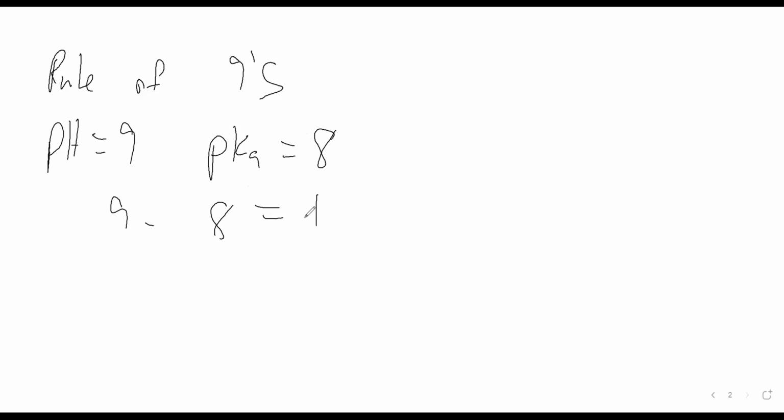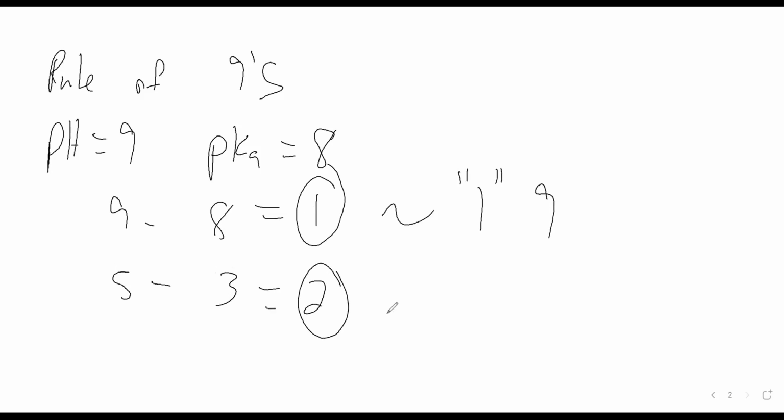The difference we're seeing is to the degree of 1, which is indicative of one 9. If we had something with a difference of 2, so let's say a pH of 5 and a pKa of 3, the difference is 2, which implies there's going to be two 9s.